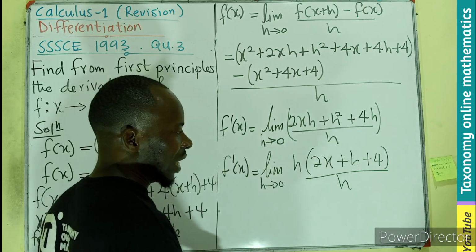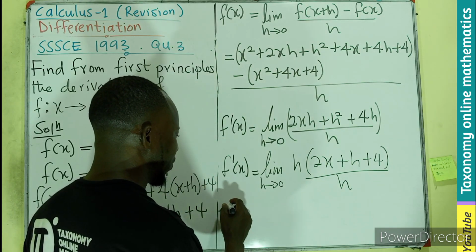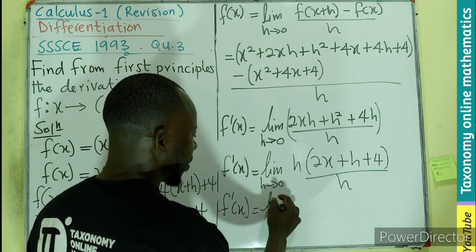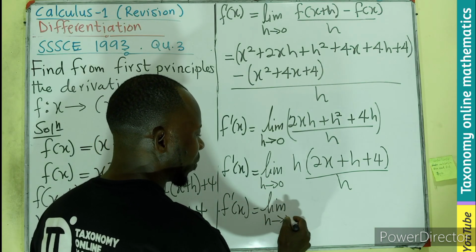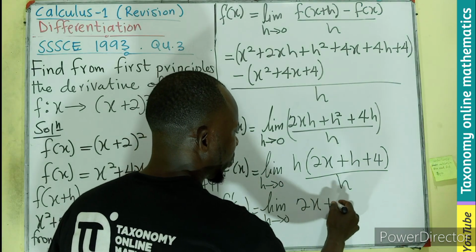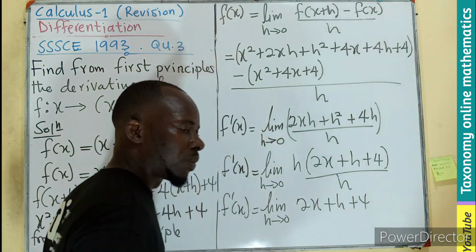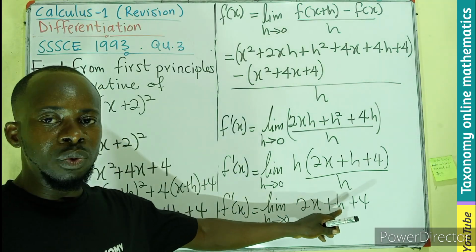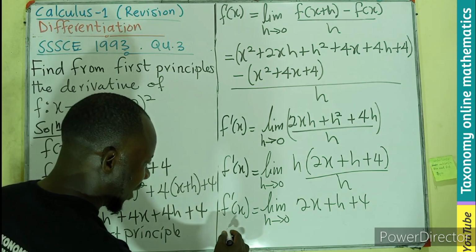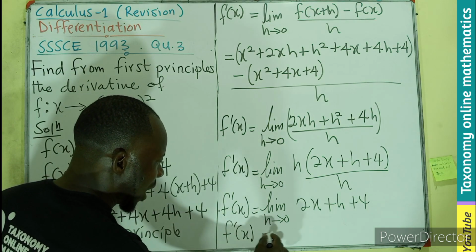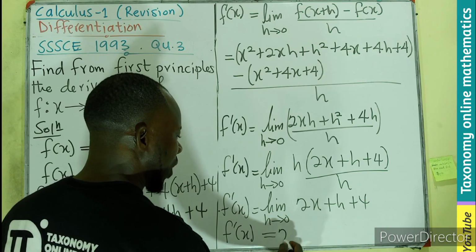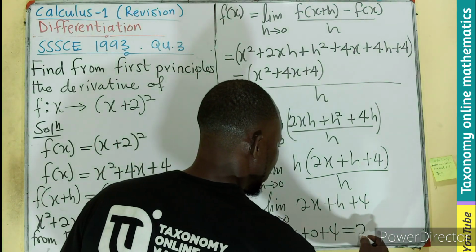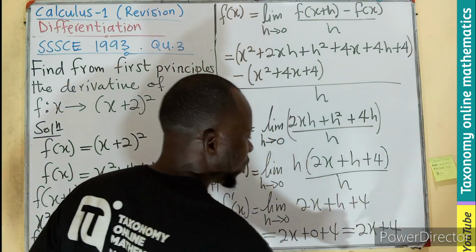This numerator will cancel that denominator. So you'll be left with f prime of x, the limit as h is approaching 0 of 2x plus h plus 4. So if you introduce the h with the 0, we are going to see it only in one place. So finally, our f prime will now become 2x plus 0 plus 4. And that will give us 2x plus 4.